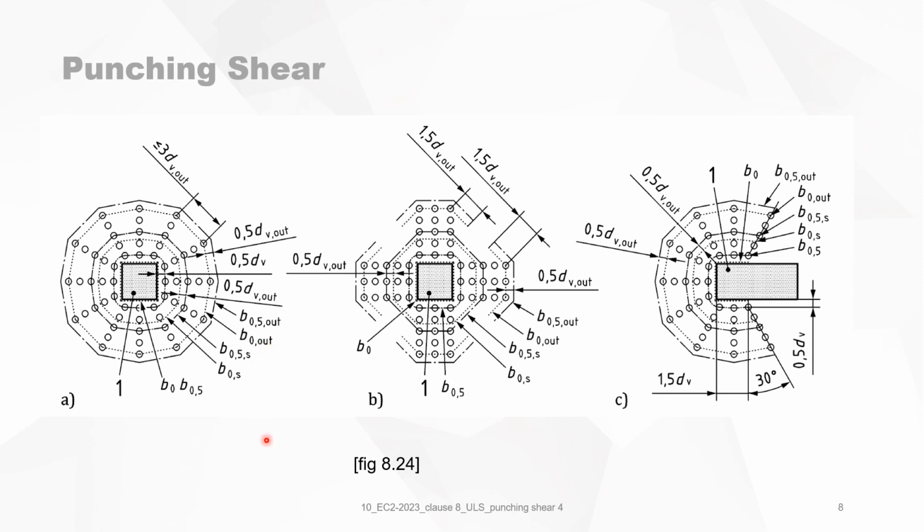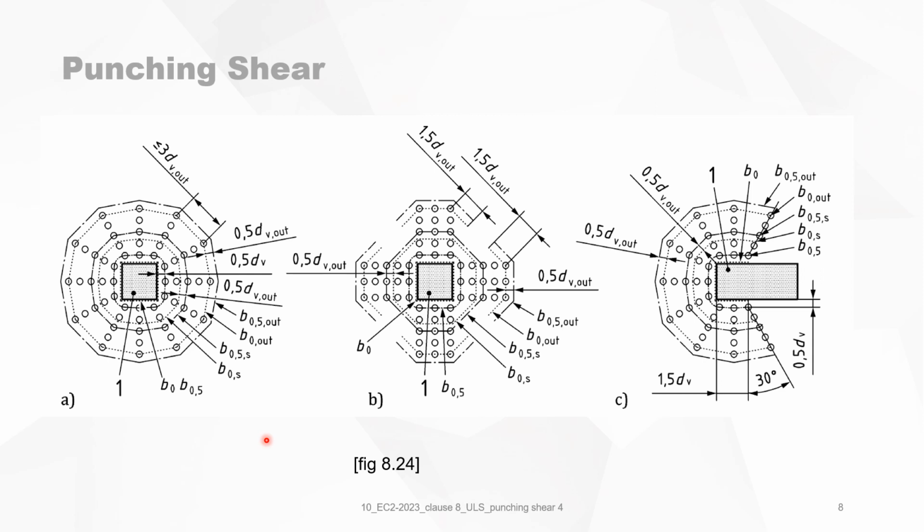You have, of course, B0, which is at the face of the support area. Then you have B0.5, which is at the distance dV over 2 from B0. Then you have B0S, which is dV out divided by 2 from B0.5. And then you have B0.5S, which is the reference line or the perimeter where the reinforcement of line S is situated.